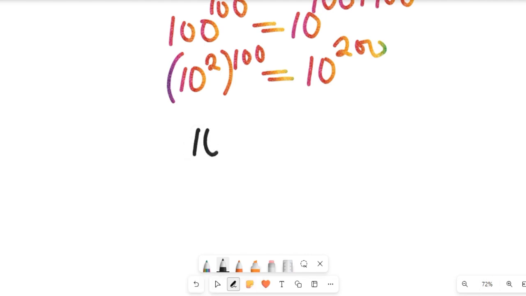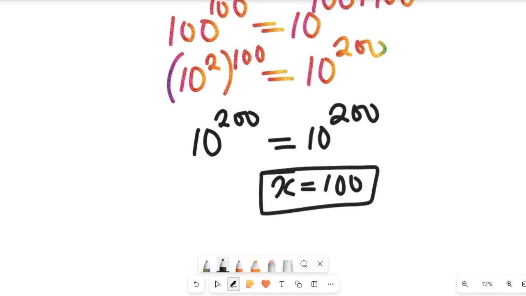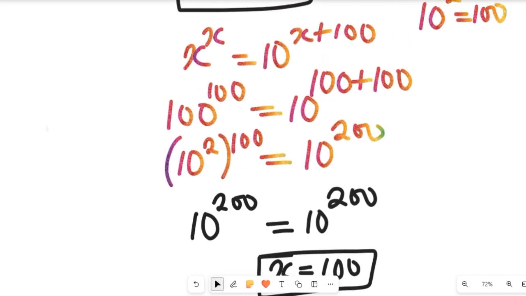So this will give us 10 to the power of 200, equal to 10 to the power of 200. So you see, x equal to 100 is the solution that truly satisfies the exponential equation that is given to us.